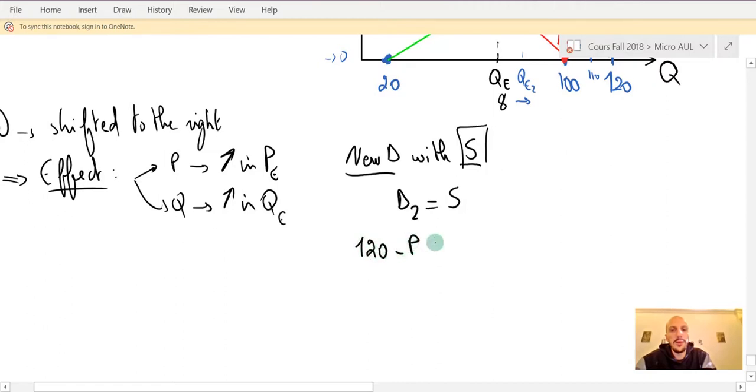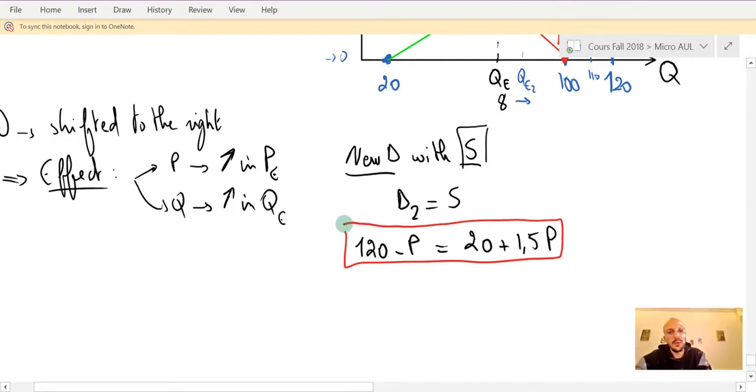So هون صار عنا 120 minus P instead of 100 equals 20 plus 1.5 P. So again here we have an equation. There's one unknown which is P. We can find P at equilibrium.